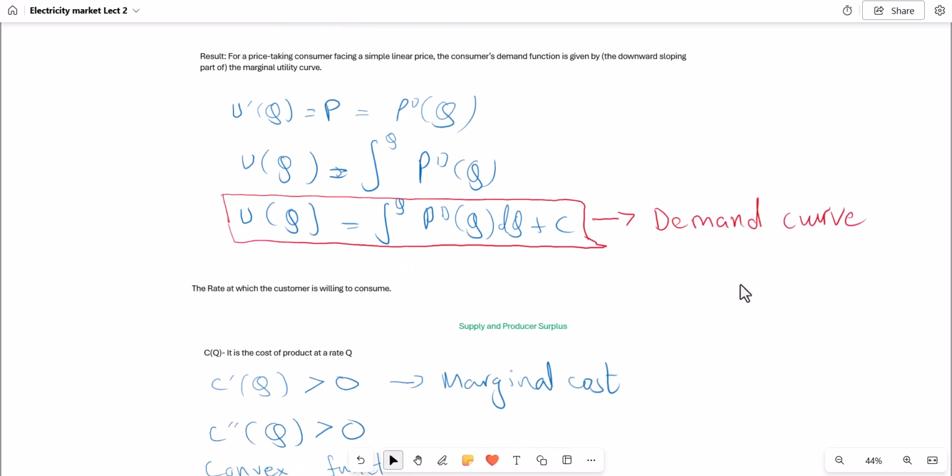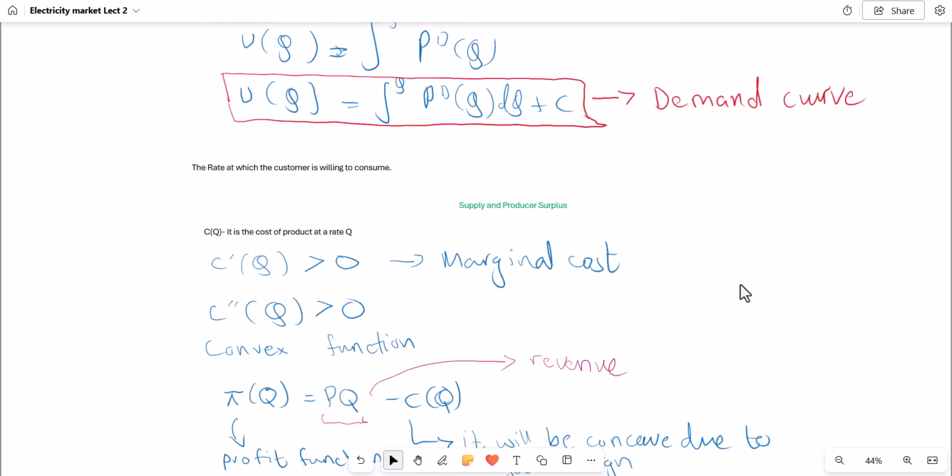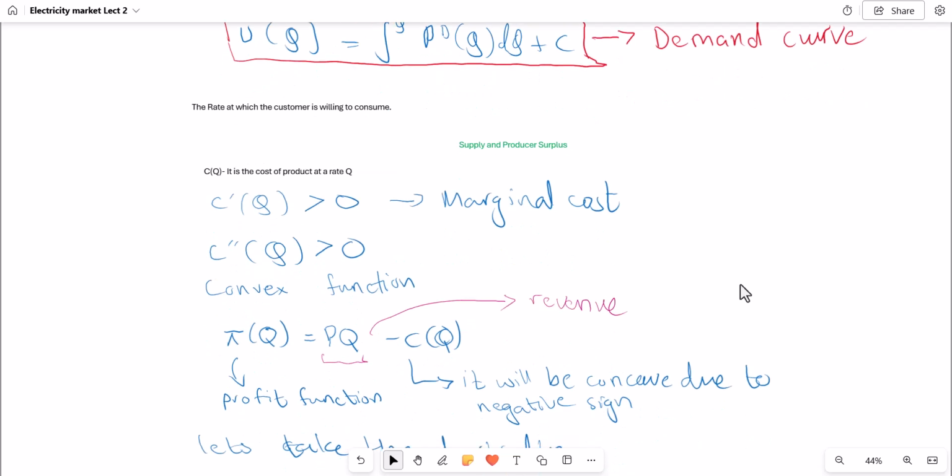Okay, now coming towards the supply and producer surplus. Basically C of Q is the cost of the product at the rate at which the quantity is produced, and we will consider C dash of Q is greater than 0, and C double dash of Q is also greater than 0, and the first derivative of C is also called the marginal cost.